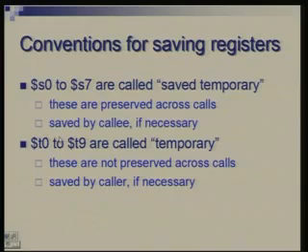If there were values in these, the caller is expected to save them somewhere safely, then make a call, and when you come back, recover these values. So these are not preserved across calls, and they are saved by the caller if necessary. These conventions define who has what responsibility in terms of tampering with the values or touching the values, and saving them in case it is required.